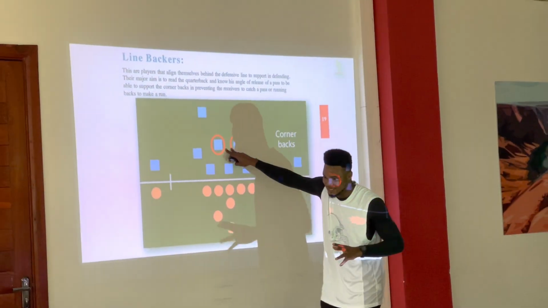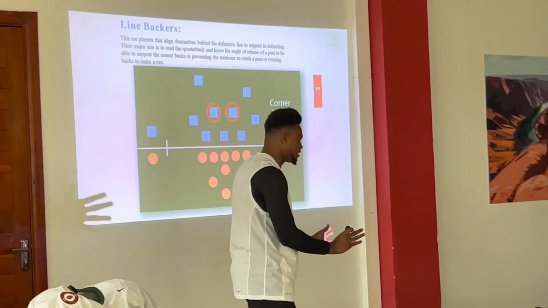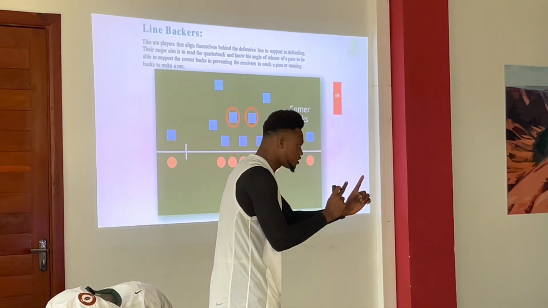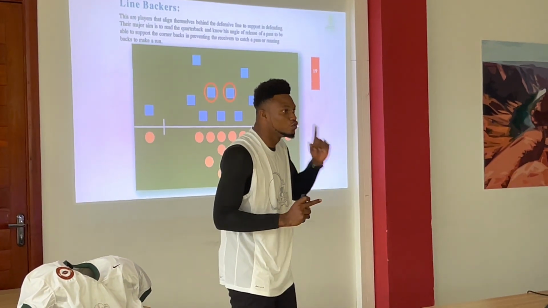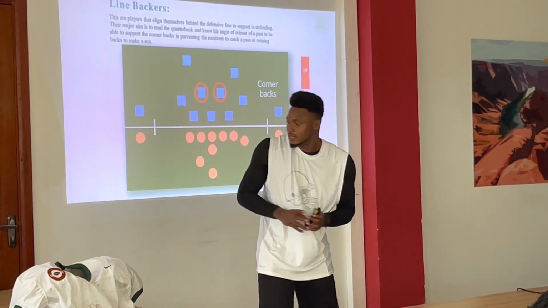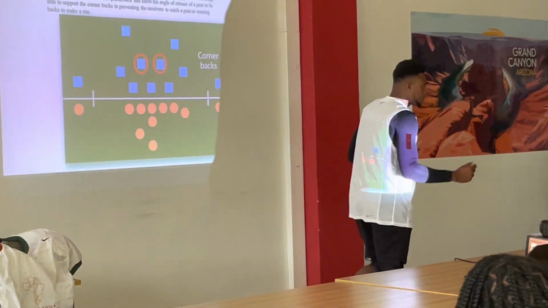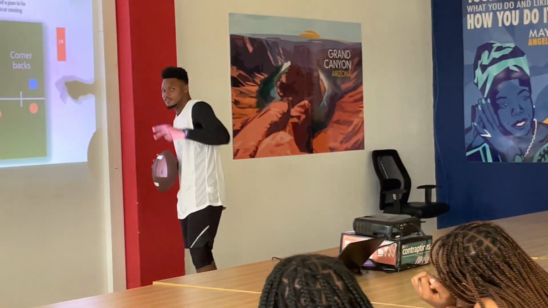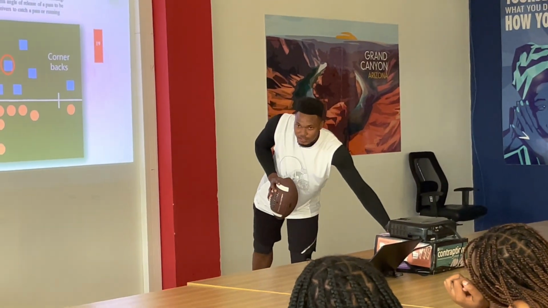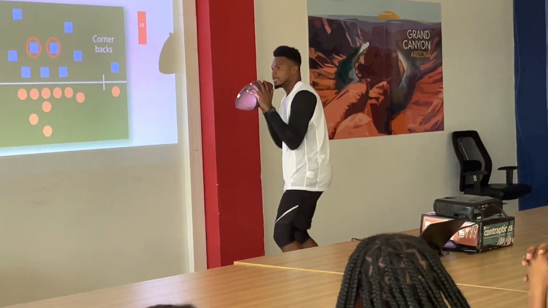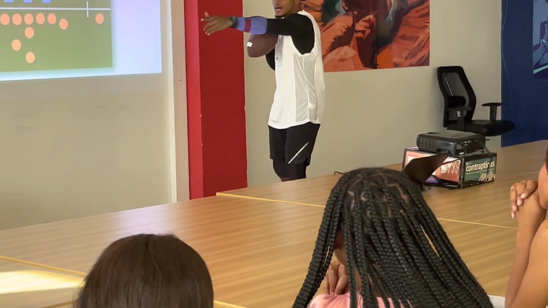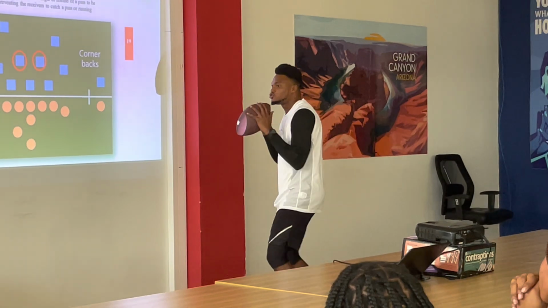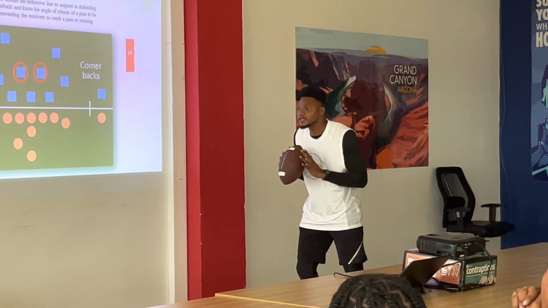Now, these are the linebackers. Remember, I said they are backing the line. But their first priority is to read the quarterback because the pass is coming from the quarterback. Let's say I'm a quarterback, okay? I'm going to release the ball to him, assuming. Then this will be my angle. As a linebacker, once the quarterback is doing whatever he's doing, the linebacker is just reading.